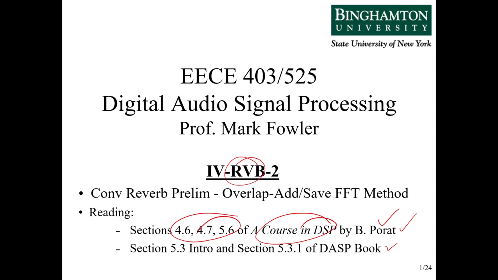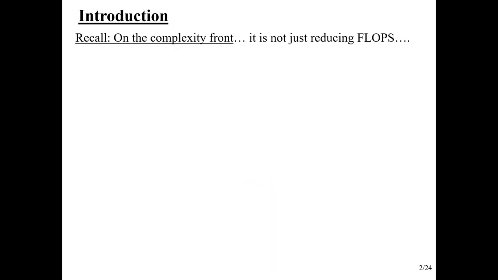So this note set is just some preliminary stuff leading to the real algorithm that we'll use. And it's talking about two different things that are common in standard DSP classes. So if you've had a standard DSP class, you may have had this stuff. It's the overlap add or overlap save FFT-based method for implementing FIR filters. So that's what we're talking about here.